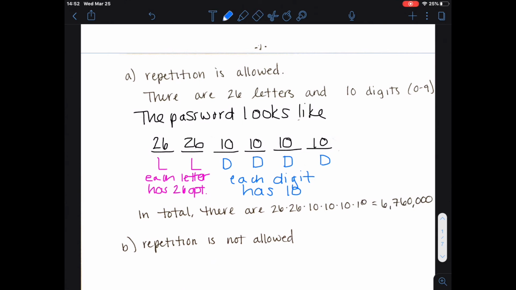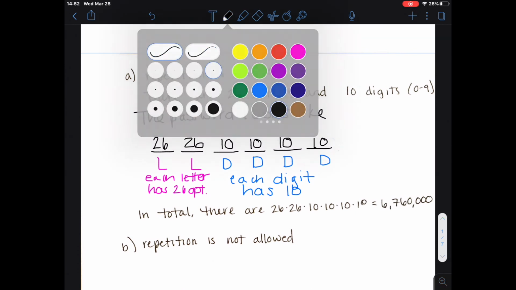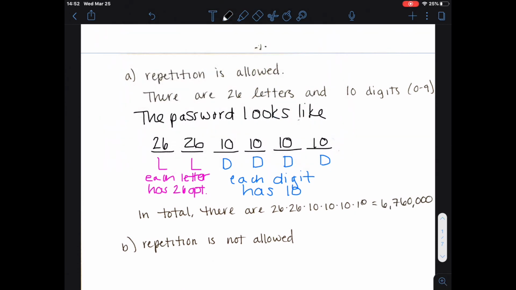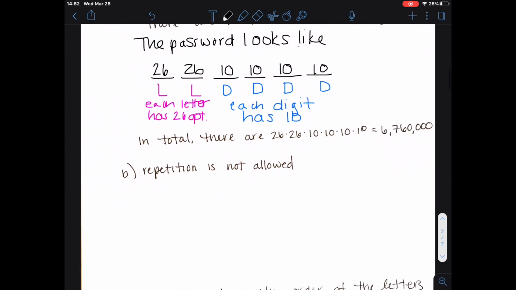Now if we change this slightly and we're not going to allow repetitions. If I use an H, the next one can't be an H. Same thing with the digits, I've got to pick distinct digits. The password's still going to look the same: a letter, a letter, and then digit, digit, digit, digit.